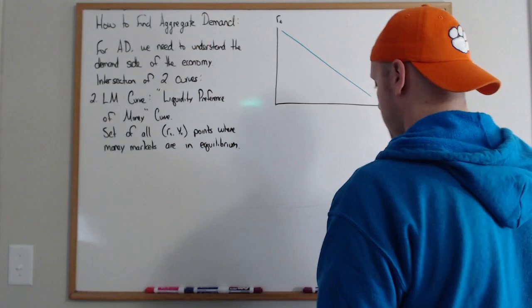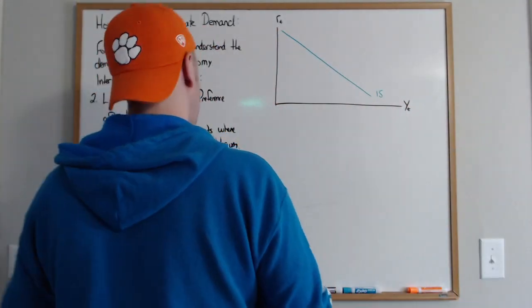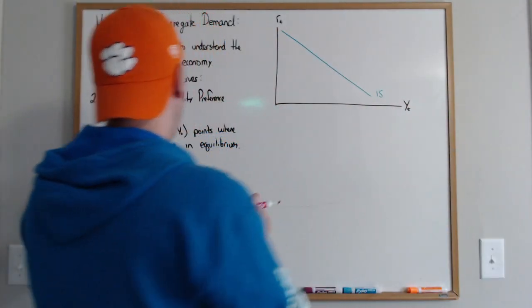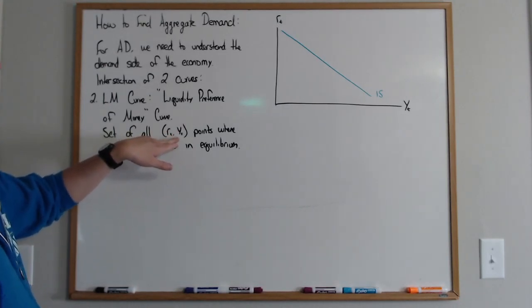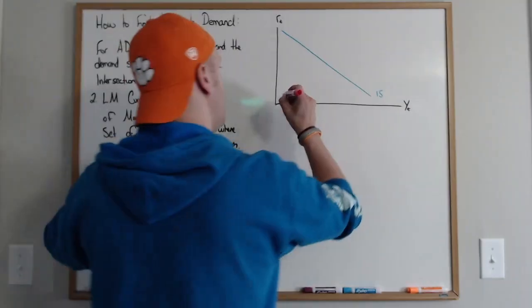Now, the IS curve is downward sloping. The LM curve, right, we get a set of all these points where money markets are in equilibrium. The higher the interest rate, the more money you're going to want to hold.